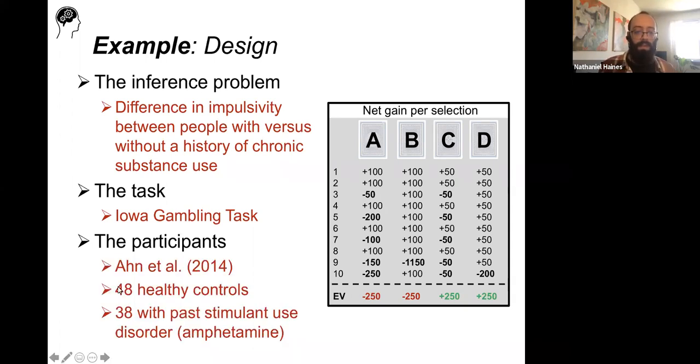This data set is from Woo-Young Ahn, in a 2014 paper, and we have 48 healthy controls and 38 individuals with past stimulant use disorder. At the end of the day, the inference that we want to make is whether or not there's a group difference in how they're selecting good versus bad decks. So that's the basic idea here.